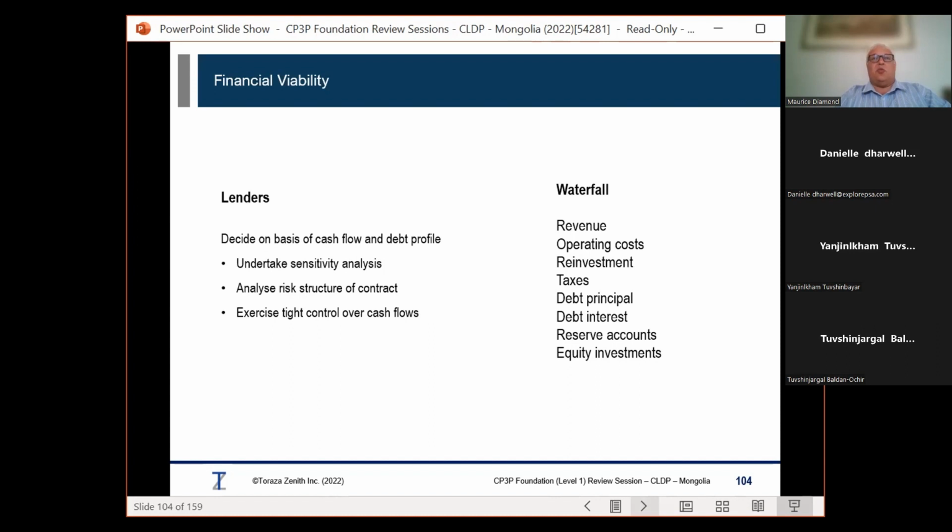At the top of the waterfall, your SPV will get revenue in. Then there will be costs that need to be paid out, and there is an order that these costs have to be paid out. So the first thing you have to pay for from your revenue are your operating costs. Then you're going to have to make reinvestments in the business, which might be something to do with maintenance.